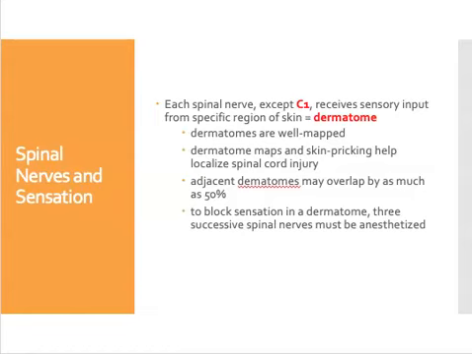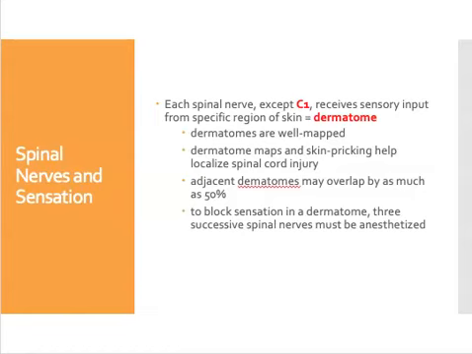Well, dermatome maps are very helpful because it helps us localize spinal cord injuries or spinal cord diseases. By knowing where we've experienced a loss of sensation in the skin, we know where there has been some kind of an injury to a spinal nerve.